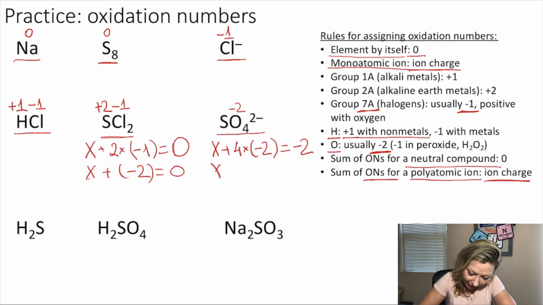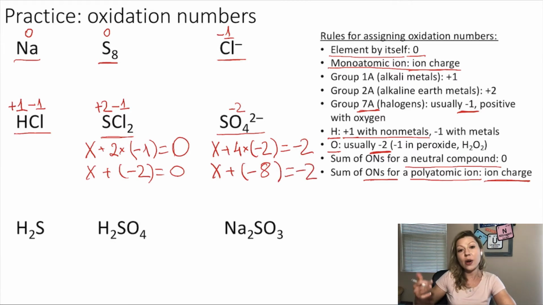So x plus -8 equals -2. How much is my x? It's +6, right? Do you see that in our first compound, sulfur had the oxidation number of +2, and now it has an oxidation number of +6? So it is changing. That's why we do not have a rule for sulfur.